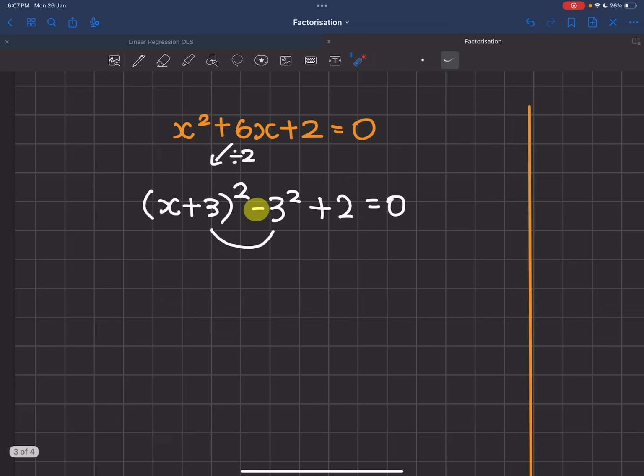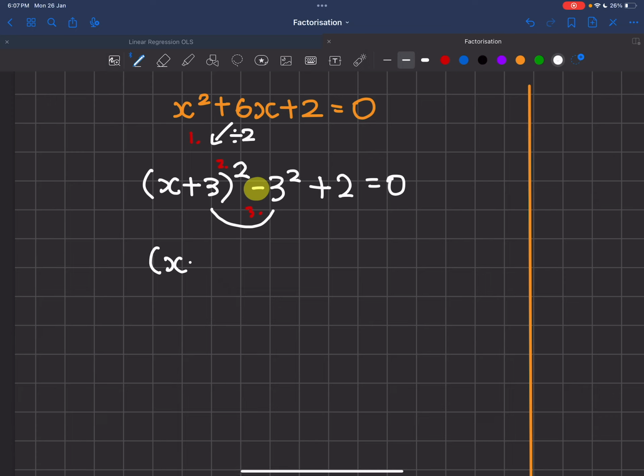So once again, our first step, divide the b term by 2. Then put everything in a square. Then minus the inside thingy. Then we will get x plus 3 squared minus 9 plus 2.